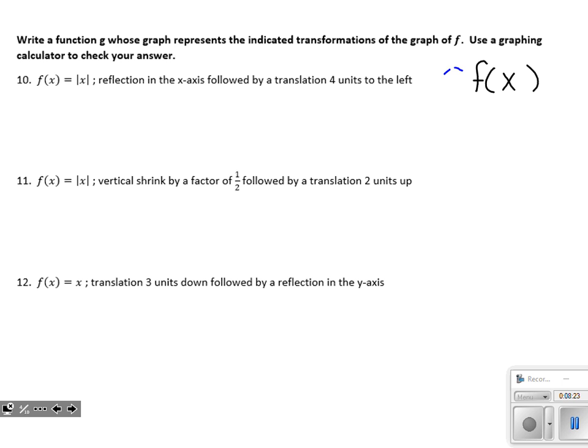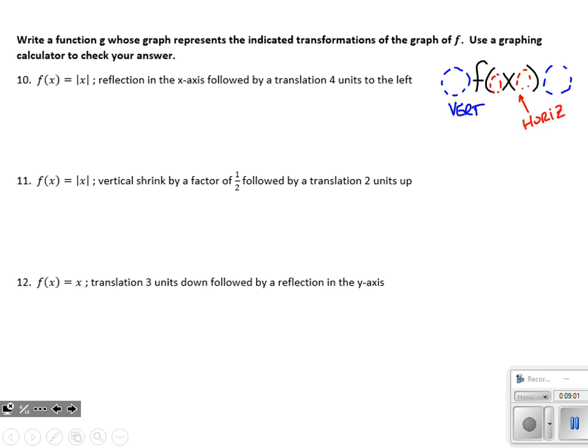Any change that is vertical is going to happen outside the function. And any change that is horizontal is going to happen inside with x. So by writing it out that way, we can easily see, do I need to adjust my input x? Or am I just adjusting the function itself on the outside?